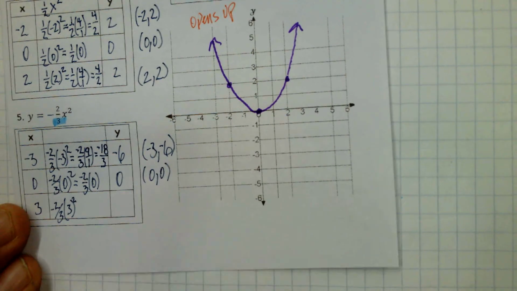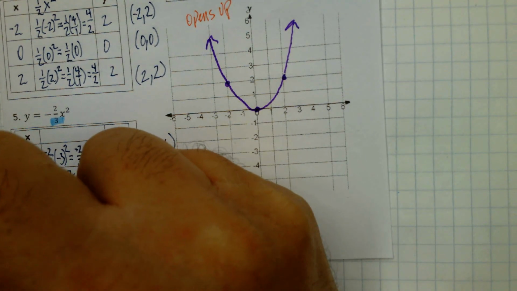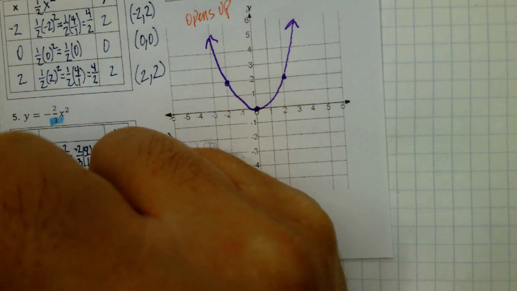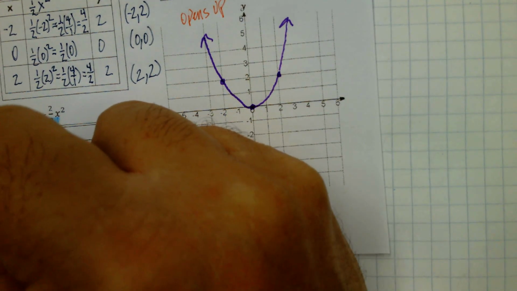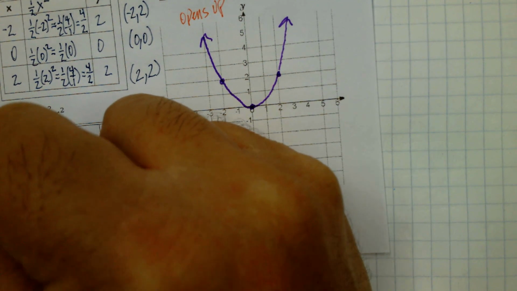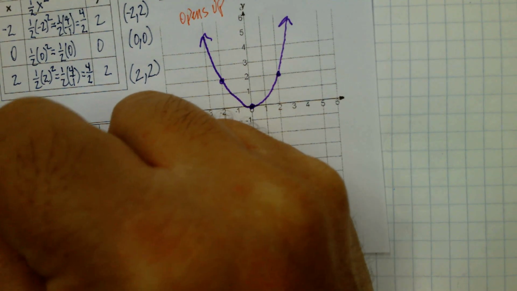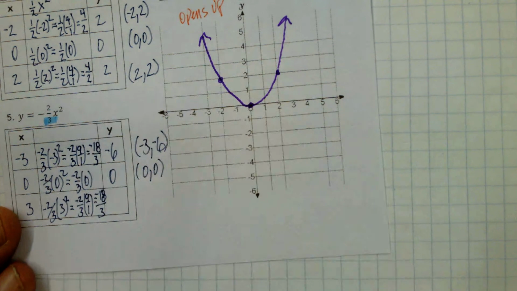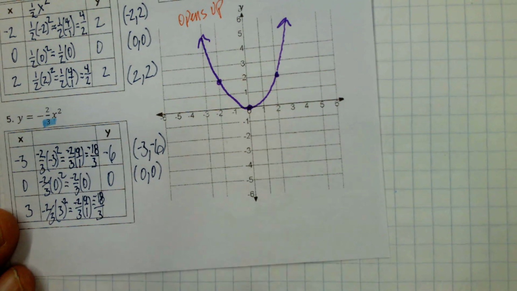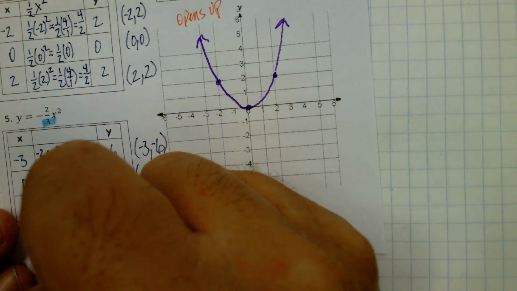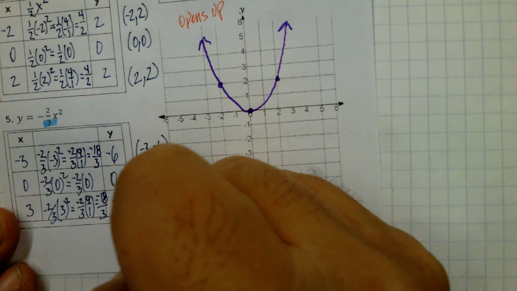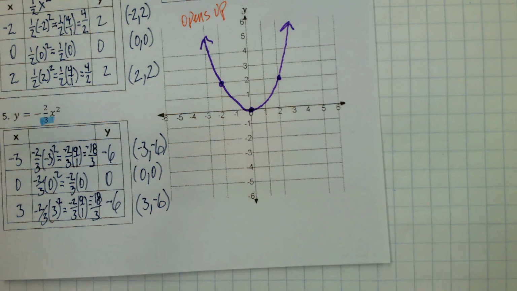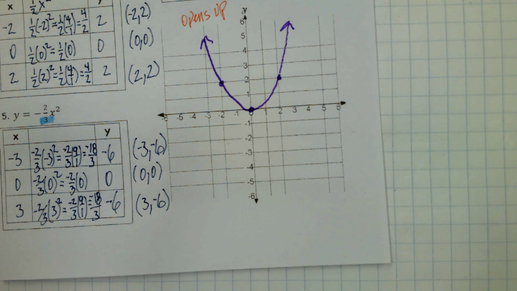Let's do the last one here. Negative 2/3. 3 squared is 9 again. So we get 9 over 1, which gives us negative 18 over 3. We get negative 6 again. Negative 18 divided by 3 is negative 6. So this time it's 3, negative 6. Okay. All right. Let's plot these points.